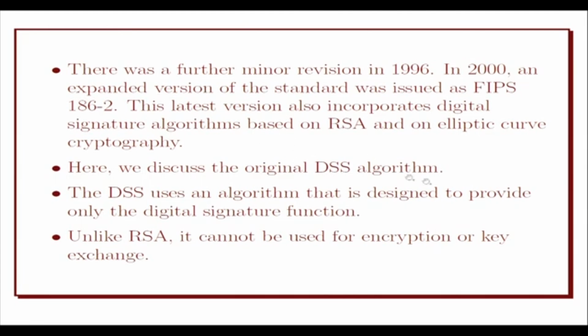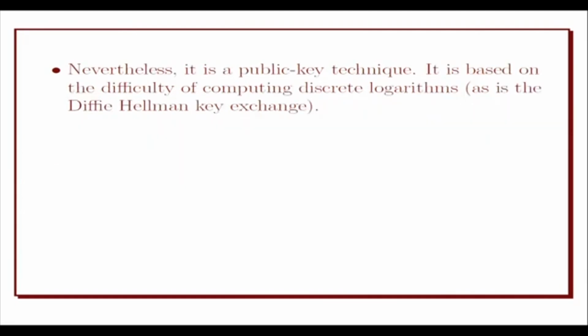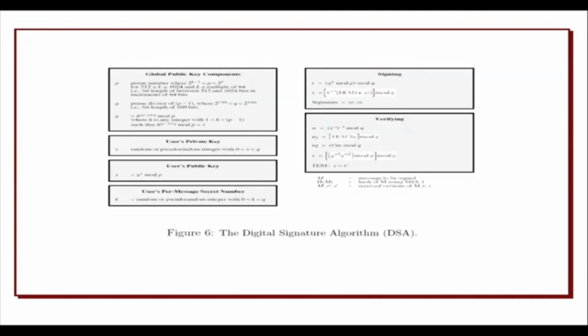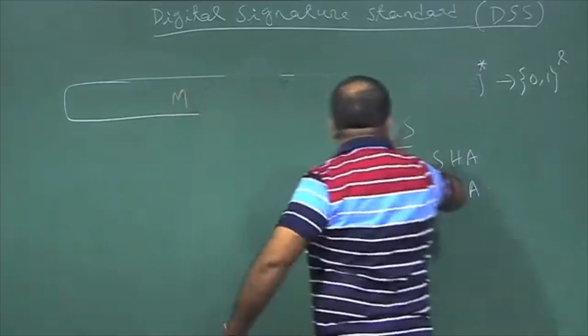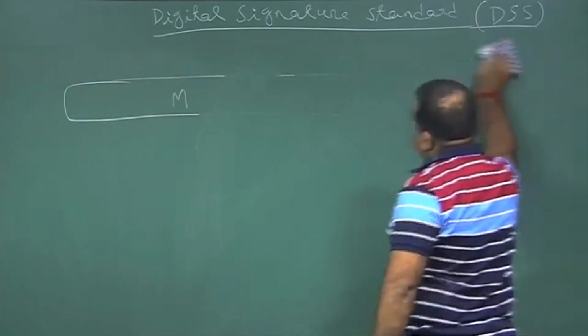But here we discuss the DSS algorithm, which is based on the DSA algorithm. This has a few steps, like the key generation step, which gives the DSA parameters. Let us talk about how we can choose the parameters for DSS.